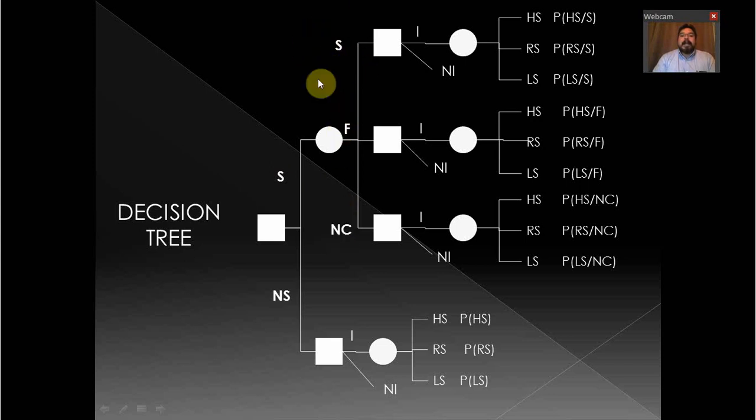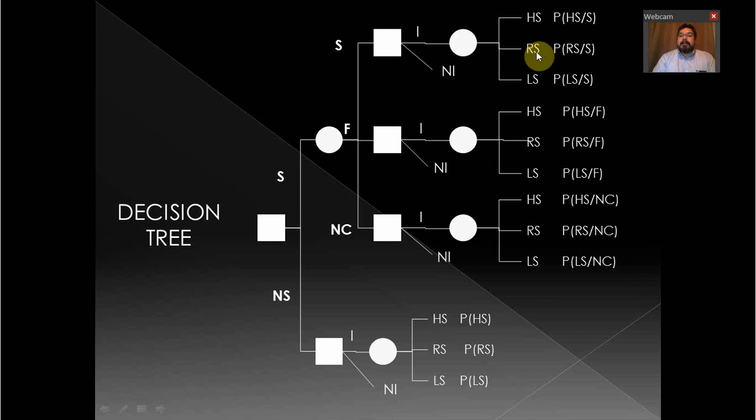It can predict success, failure, or non-conclusive results. In any of these cases, we can decide to introduce or not introduce the product. When the product is introduced, we can expect high sales, regular sales, or low sales in each of the three main branches when we apply the survey.